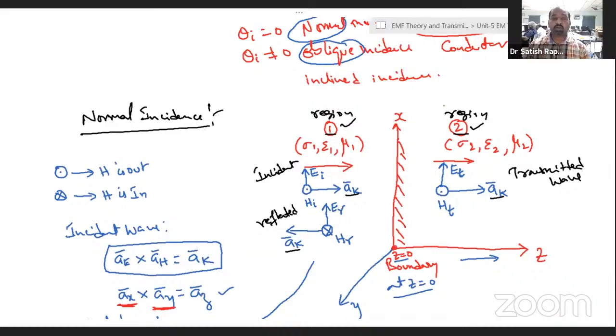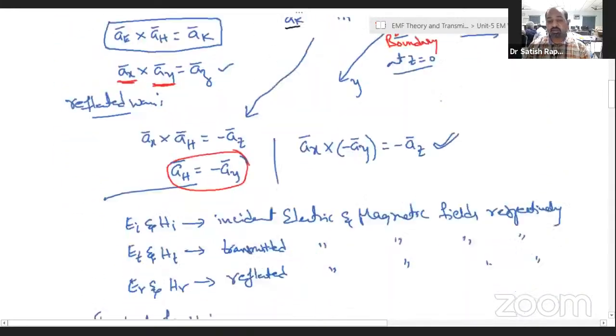It depends on the type of boundary, whether the boundary is between free space and dielectric, or free space and conductor, or between dielectrics. How much wave is transmitted and how much is reflected depends on the type of boundary.